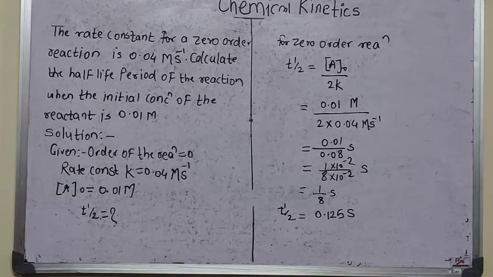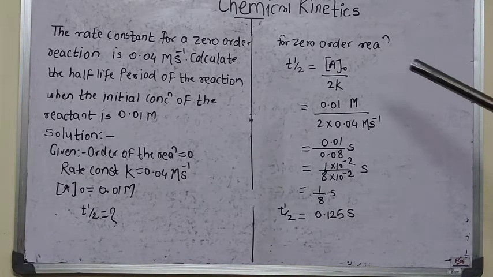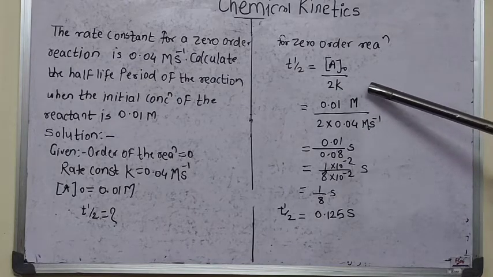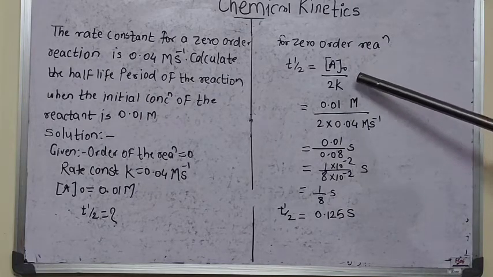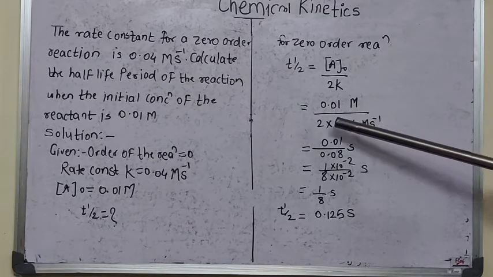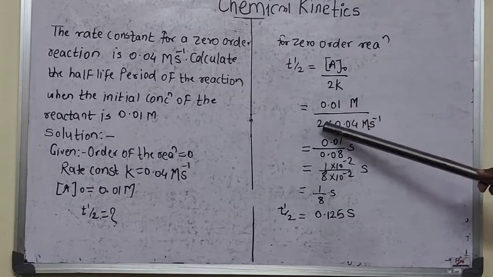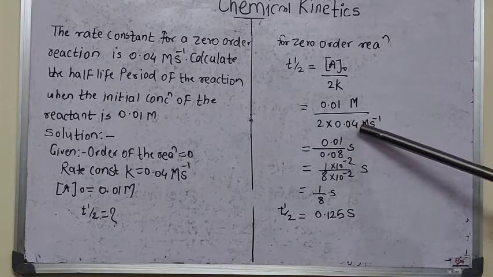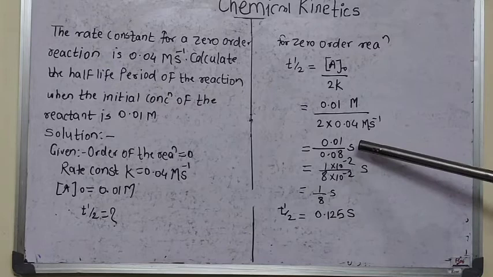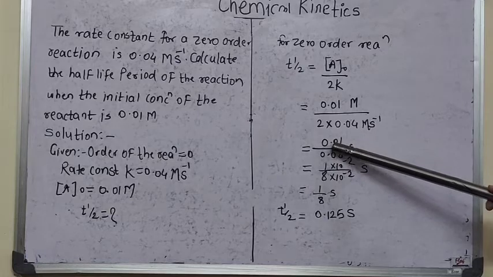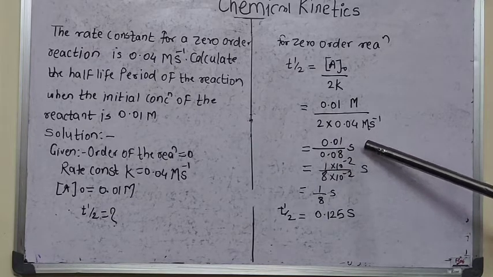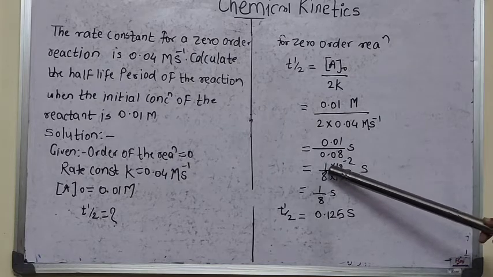For a zero order reaction, we know the formula is t1/2 is equal to A0 upon 2k. Substituting the values in this equation, A0 is equal to 0.01 molar, and the value of k is 0.04 molar per second. Simplifying this, 0.01 upon 0.08 second.